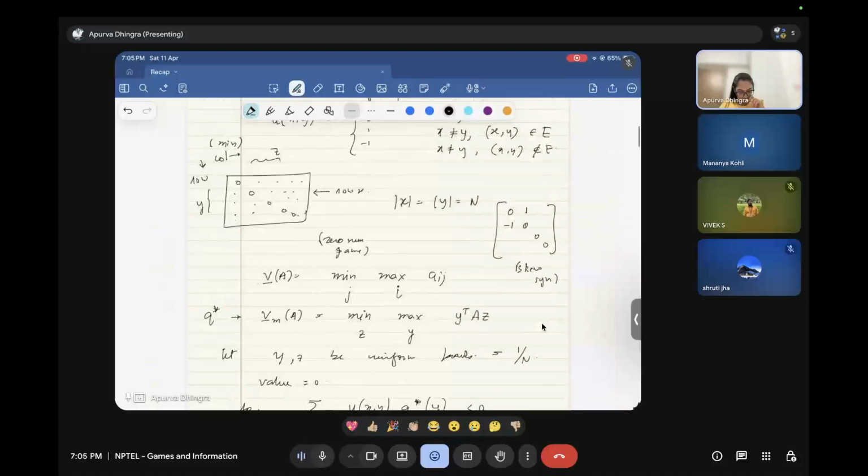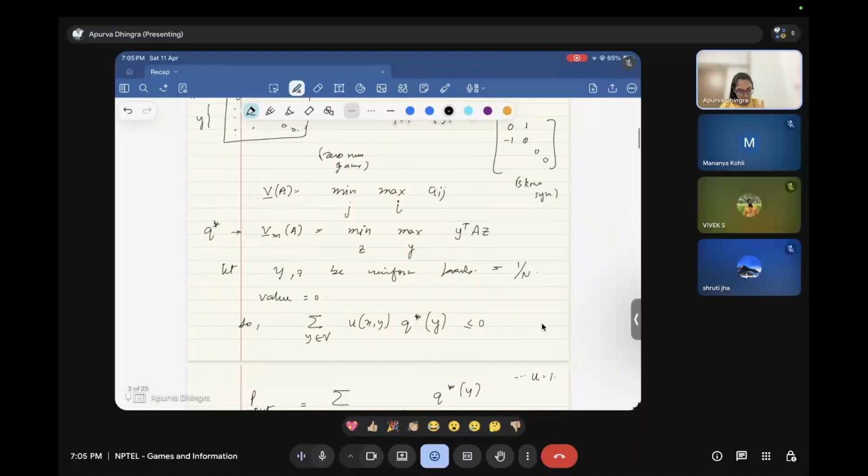Now what they're asking in the question is something about this Q star, the optimal utility. Some condition that they've written, and they're just asking which of those inequalities or conditions need to be true.